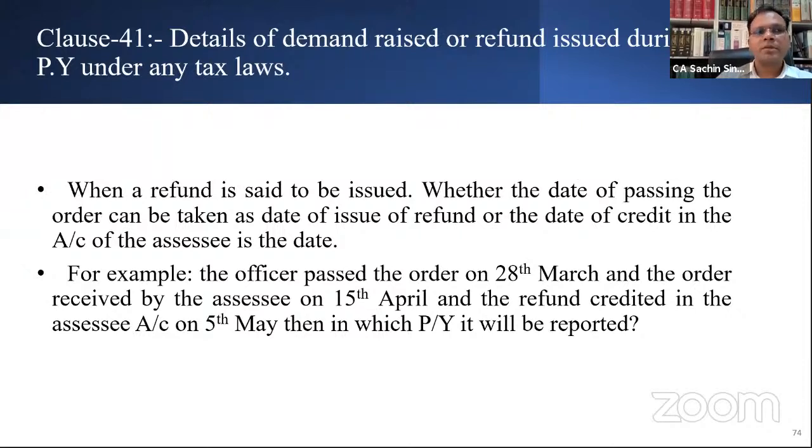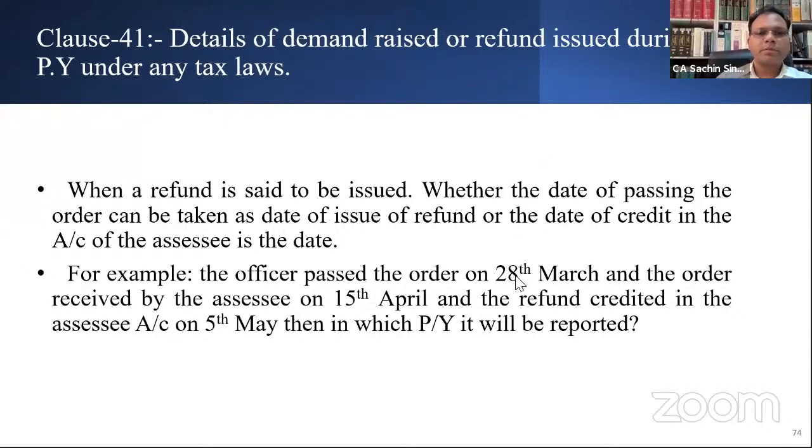And it may so happen that the order is passed, but the credit has not come to your account, and subsequently, for any reason, the order is reversed. So if you report it on the basis of the order passed by the officer, then the situation would be different, because the language says refund issued. So what is the meaning of refund issued? When it is credited to my account, then I can say that the refund is issued.